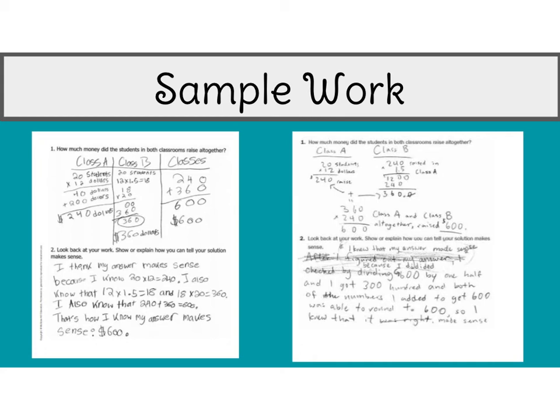Now this gets a little sloppy here because it looks like they changed their mind about what they wanted to say. I knew that my answer made sense because I divided, I think is what that's supposed to say, 600 by 1/2, and I got 300, and both of the numbers I added to get 600, was able to round to 600, so I knew that it made sense.